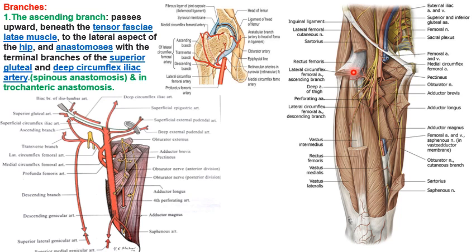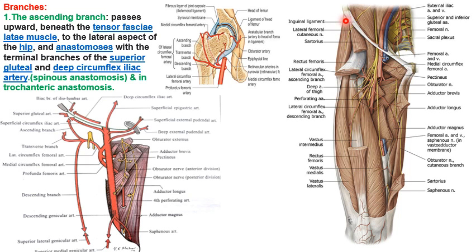So let us see the ascending branch now. This one passes upwards beneath the tensor fascia lata muscle. This is the tensor fascia lata. This is the anterior superior iliac spine. We want this branch to go till here because it is participating in the spinous anastomosis.